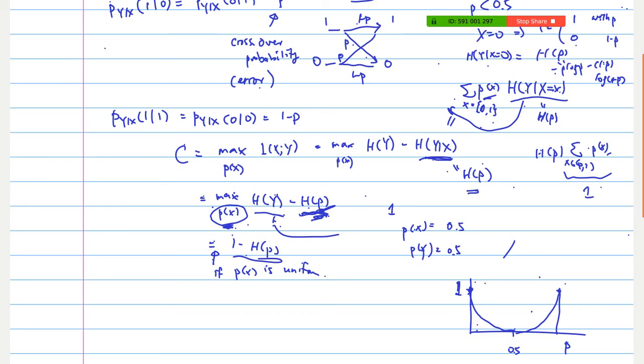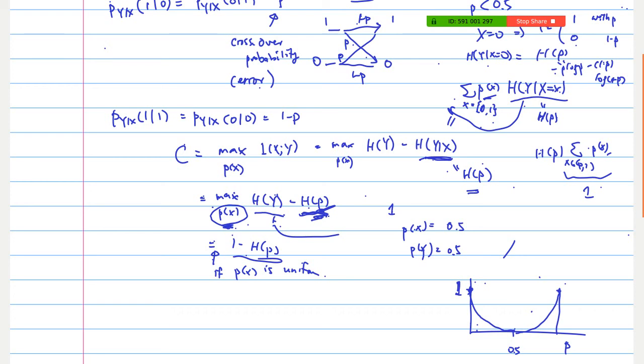On the other hand, if you have a 50% flip, then the mutual information is 0. Your output is totally unrelated to the input, because no matter whether you send 1 or 0, you always get something that is 1 or 0, independent of what you are sending into the channel.